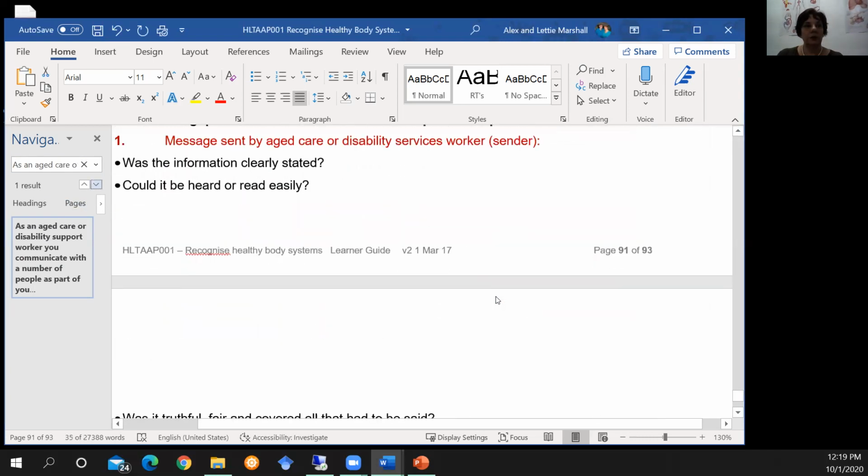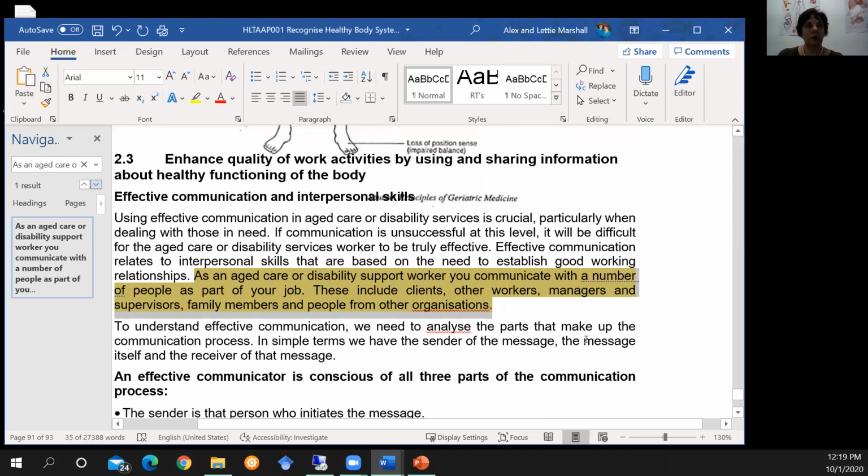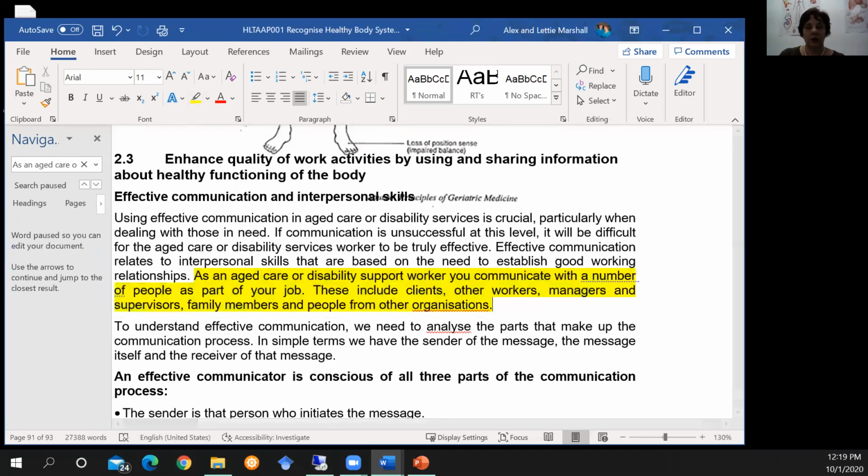This is on page 91. As an aged care disability worker, there's a number of people we will be communicating with: the client, our managers, of course, our supervisors, and the family members, the husband or the wife.